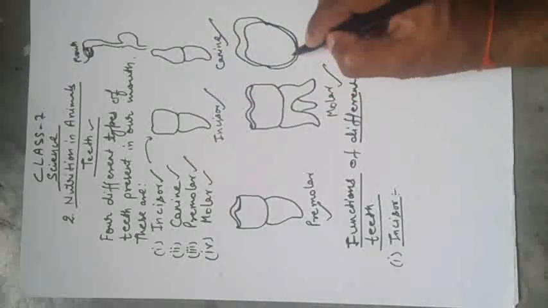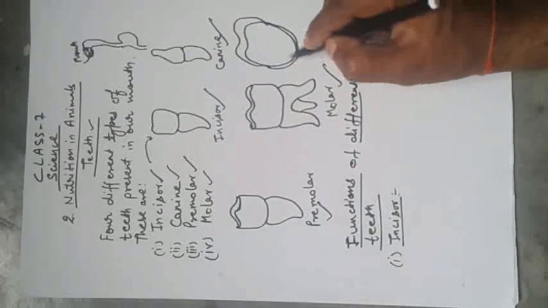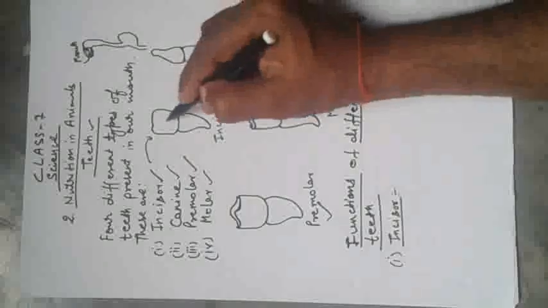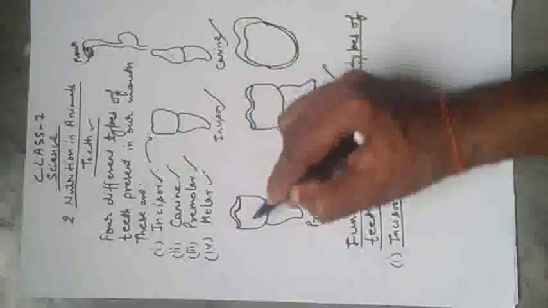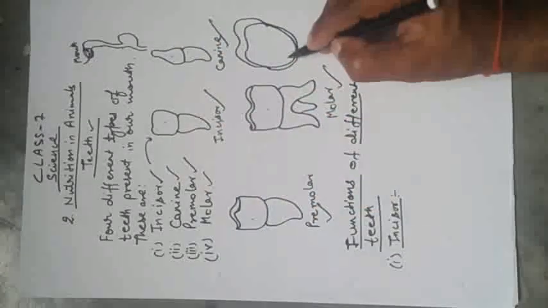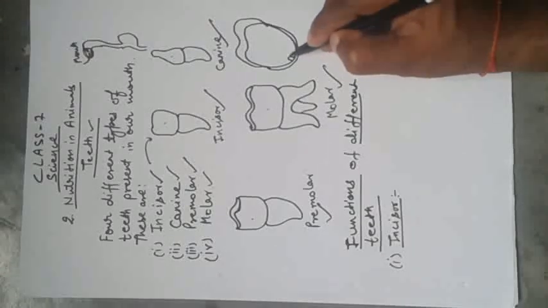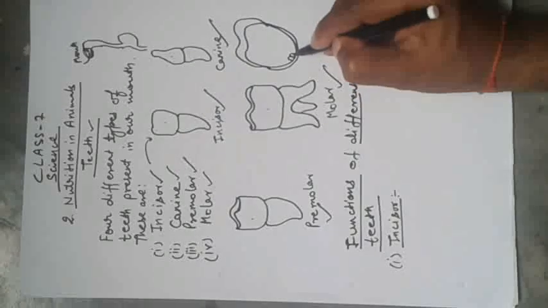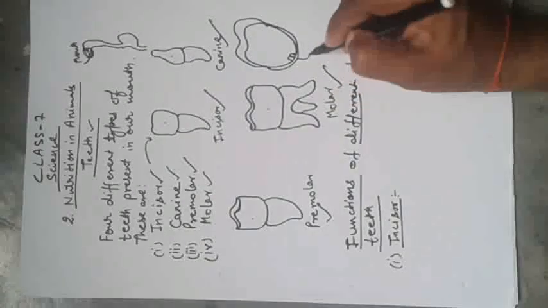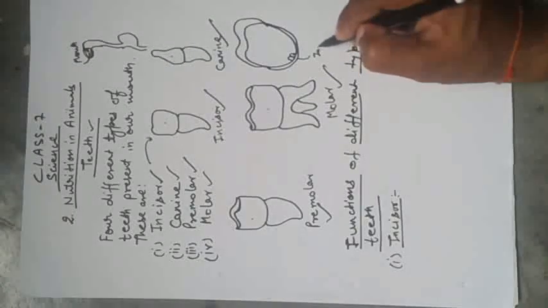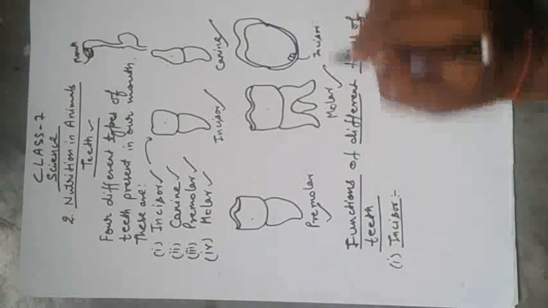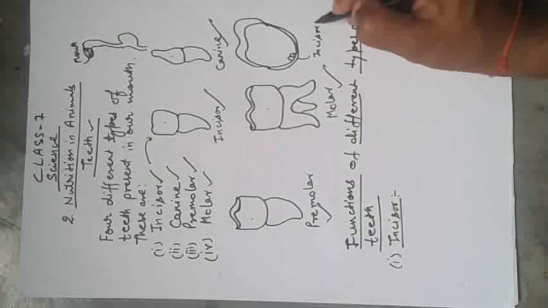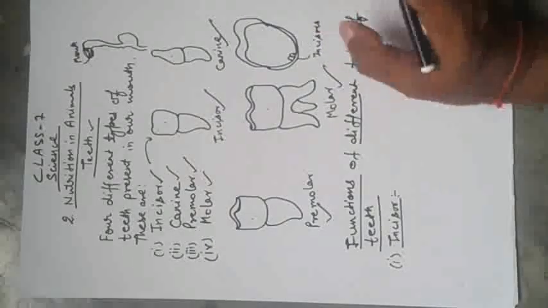The position of these teeth: first of all, we show the top figure. First of all, these two teeth are incisors. Incisors are two in number.